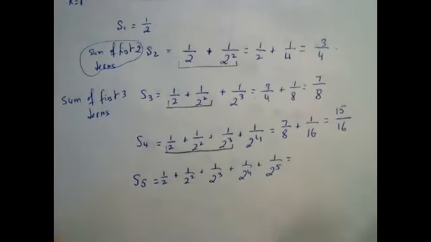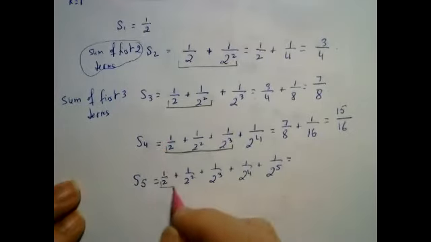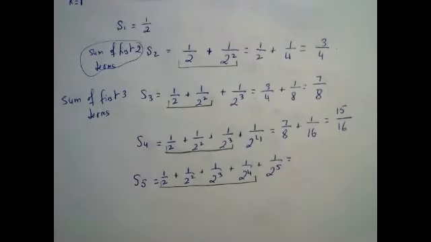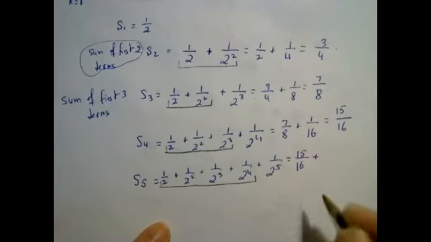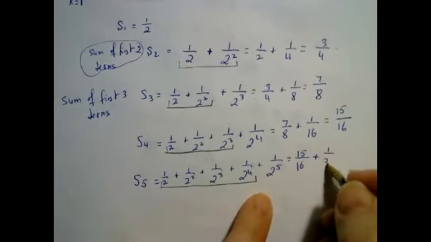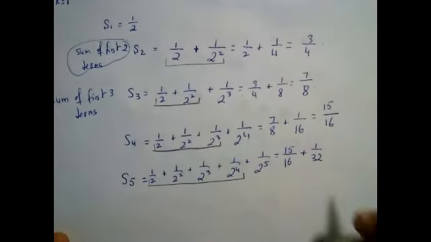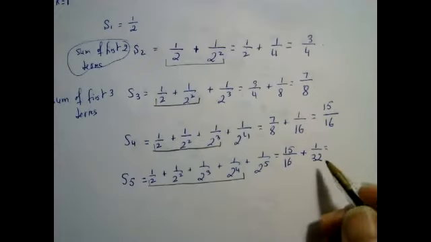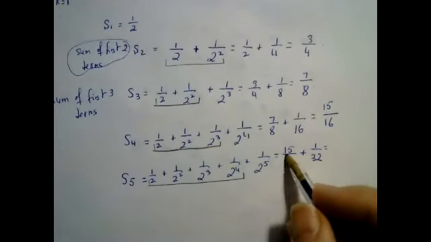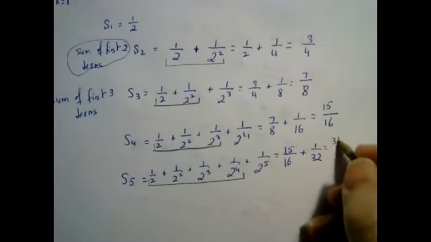Again, this I had taken care of. So this gives me 15 over 16, and this is going to give me 1 over 32. Now, this is twice that much. That's the pattern that is becoming clear. Then I will have 2 times 15, that's 30, plus 1, 31 over 32.